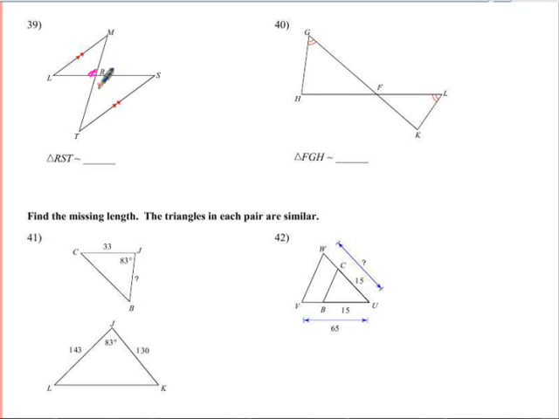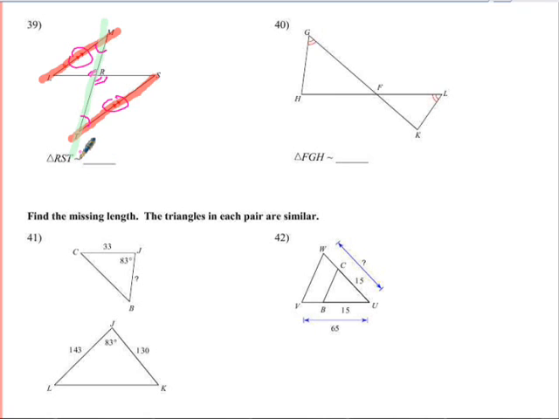Let's take a look here. 39, we have these two angles congruent, and then we have these parallel markings right here. That means this line is parallel to this line, and it's being cut by this transversal right there. So I know this angle right here is congruent to that angle right there. So these are similar.